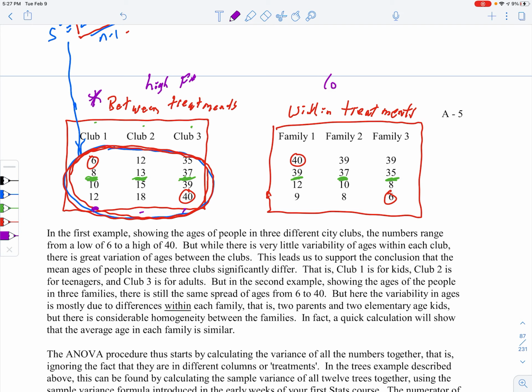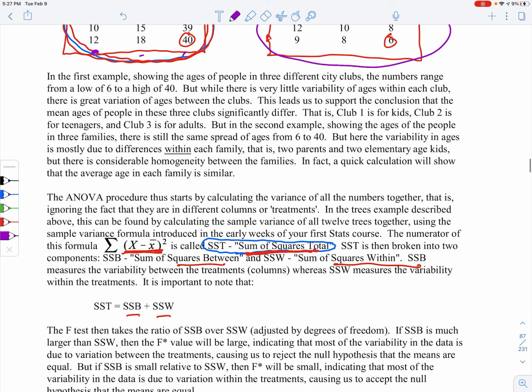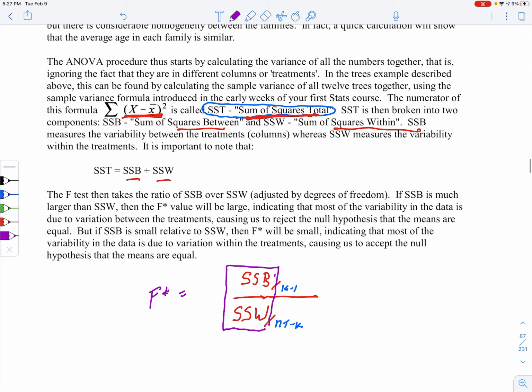Here's the opposite, where we would end up with a low F star value. That's where most of the variation in the families is within the families themselves, not between the families. So when you take the ratio of SSB over SSW, you're going to get a very small number.